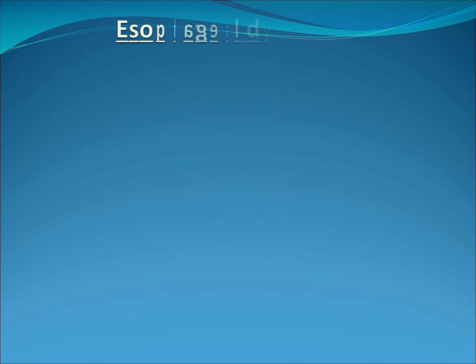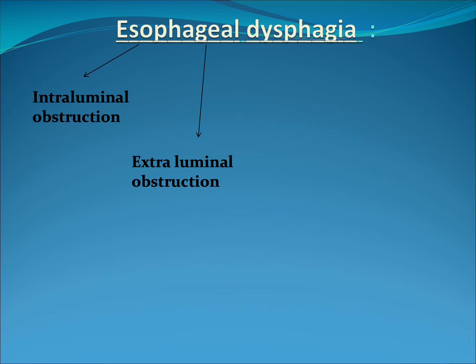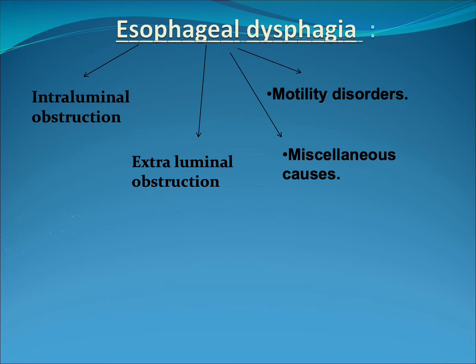In the body of the esophagus itself, it's useful to categorize the causes in order to facilitate their memorization. So if we think about things that will cause obstruction in the lumen, or things causing obstruction from outside, or things like motility disorders impacting the motility of the esophagus itself without the presence of organic lesions, or other causes.